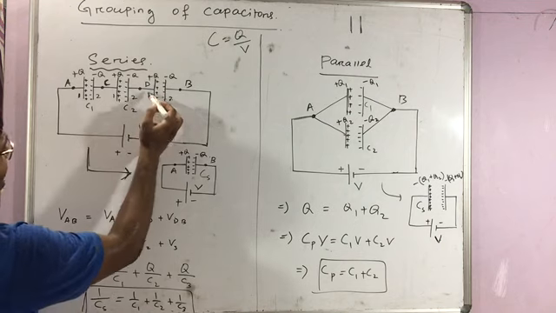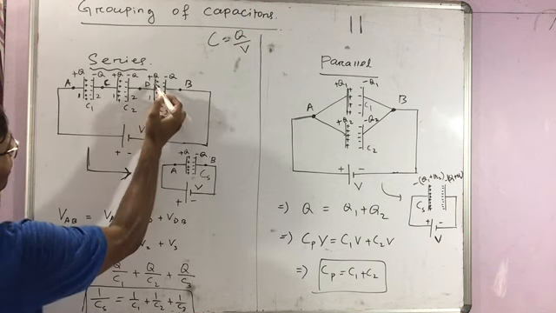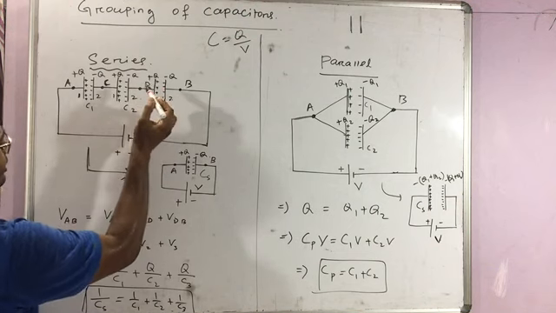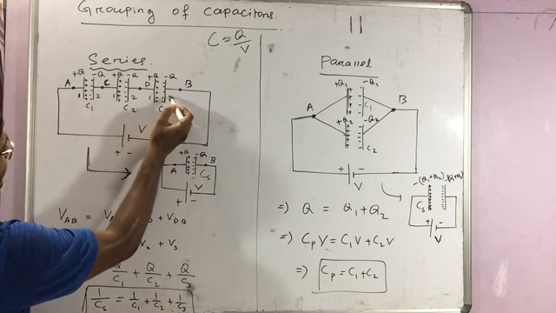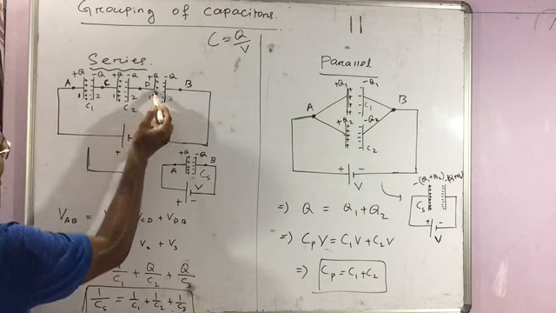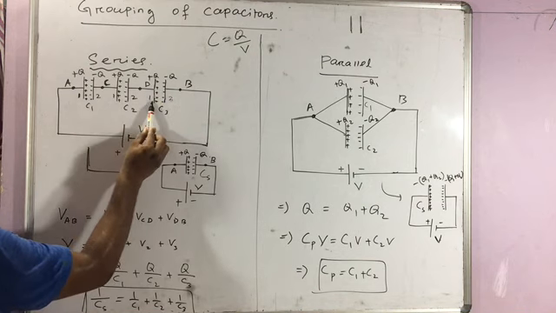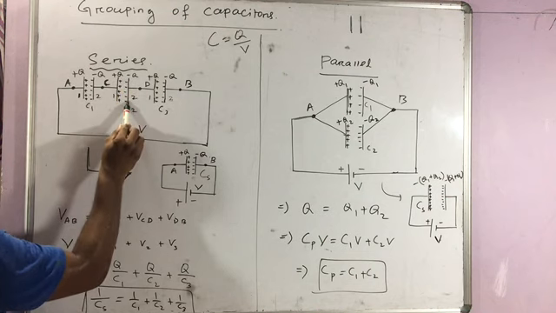Try to understand: this plate was earlier electrically neutral, so an equal amount of negative charge also developed, but it will try to remain as far as possible from this plate. Clear? That's why there is an interconnection between these two plates, and this negative charge of the third capacitor will flow to this plate of the capacitor.